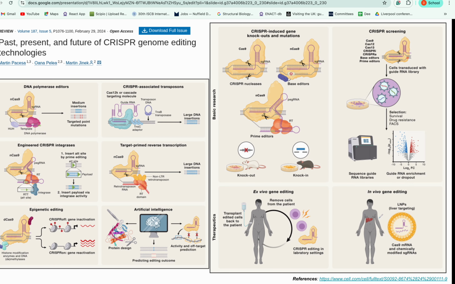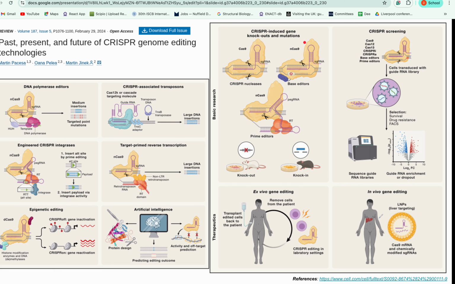And this is the entire summary of today's session. This is a very nice review, in which they have clearly mentioned the detailed past, present, and future of CRISPR genome editing technologies, starting from how we can use it, different effects, different editing which we can bring about with the help of CRISPR technology.